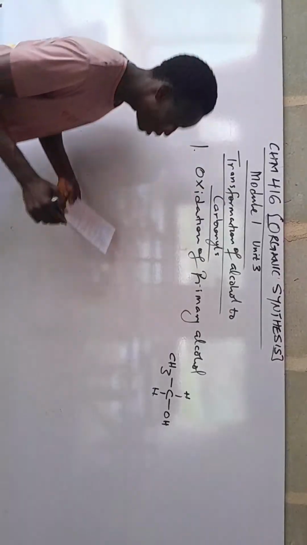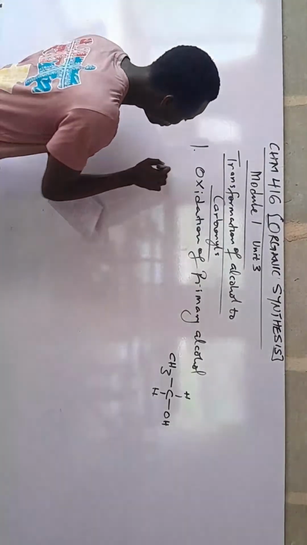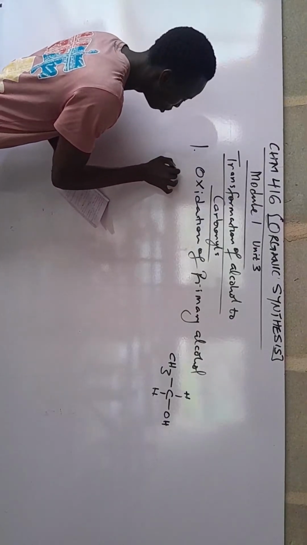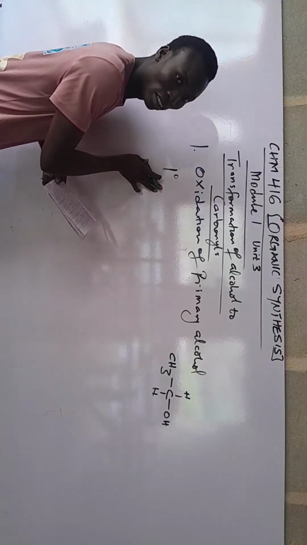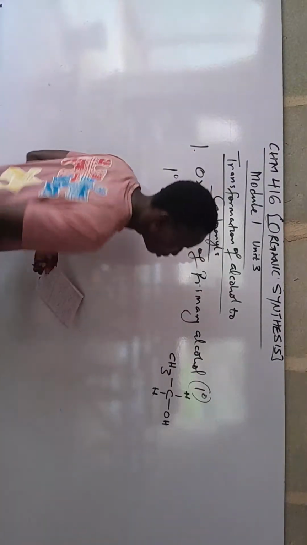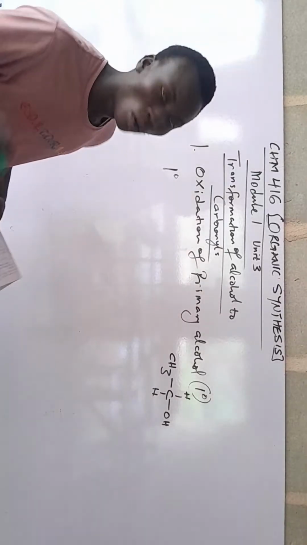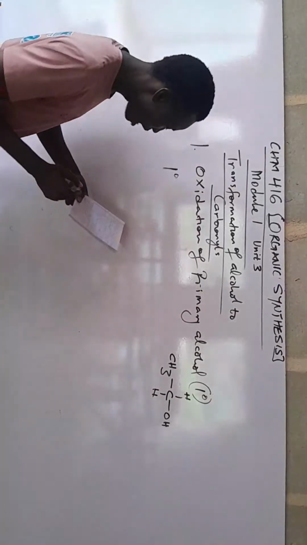Primary alcohol can be converted to aldehyde in the presence of chromium. Primary alcohol, this is 1 degree, showcasing one alkyl group per carbon atom.